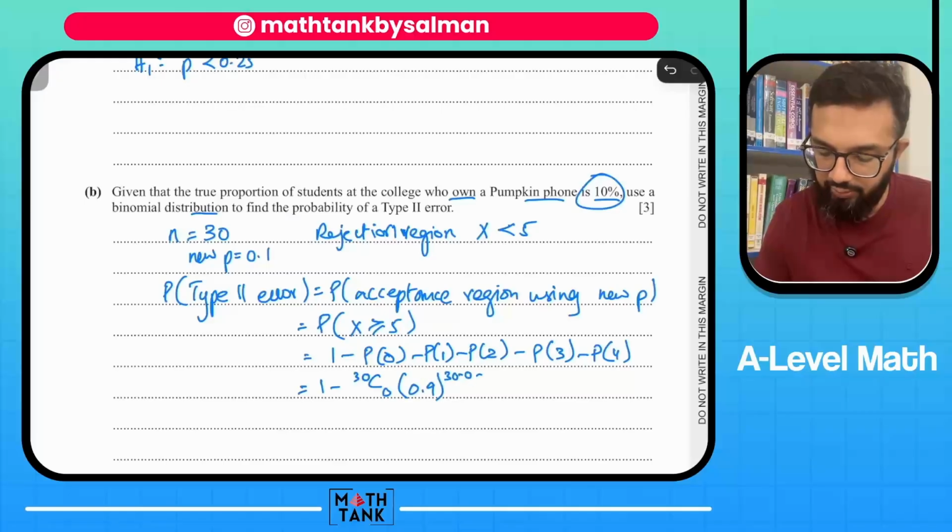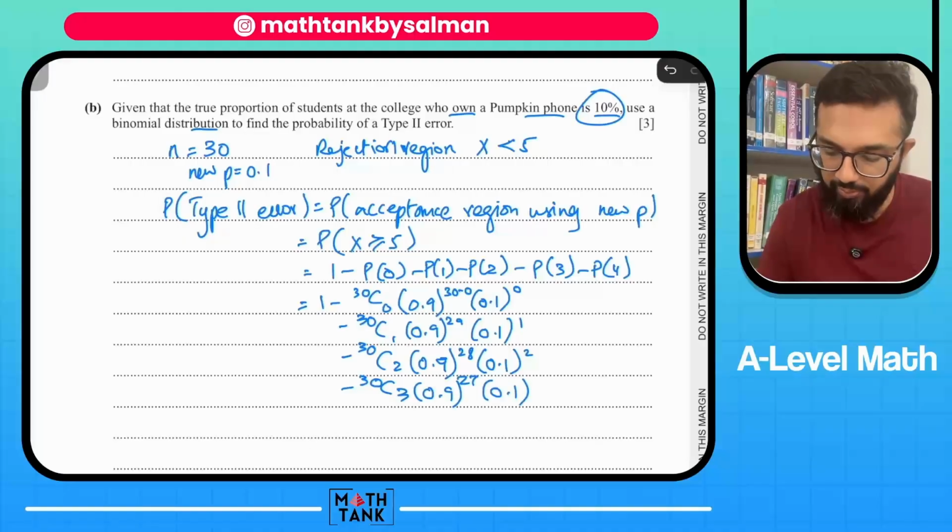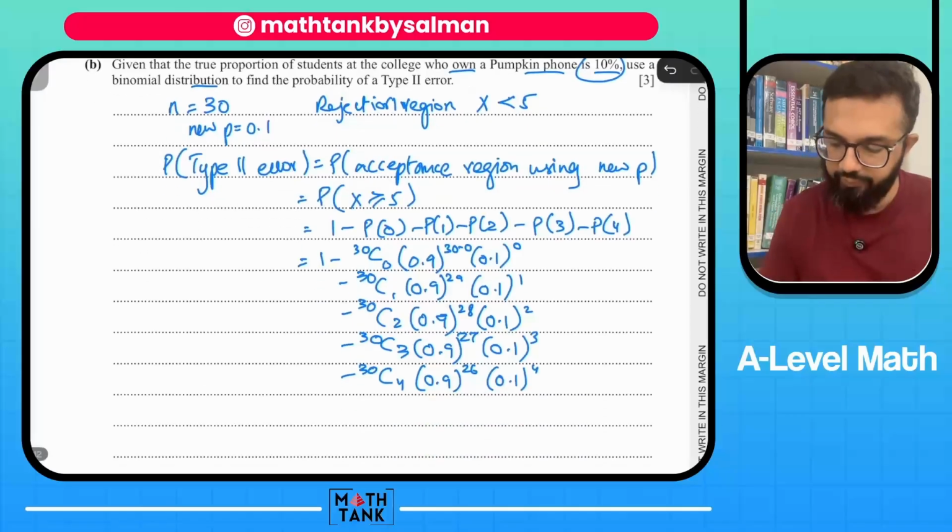Then 30C0 times 0.9 to the power 30 times 0.1 to the power 0, 30C1 times 0.9 to the power 29 times 0.1 to the power 1, 30C2 times 0.9 to the power 28 times 0.1 squared, 30C3 times 0.9 to the power 27 times 0.1 cubed, 30C4 times 0.9 to the power 26 times 0.1 to the power 4.